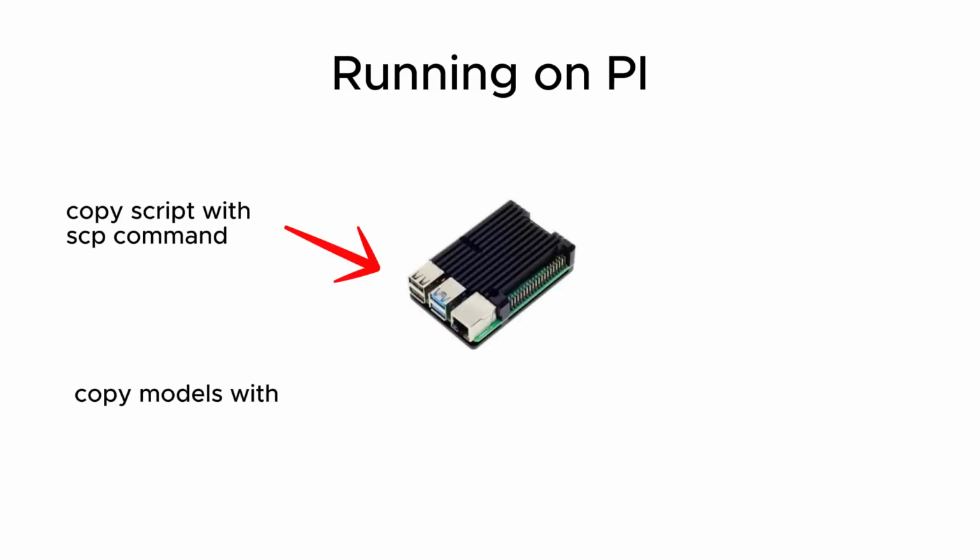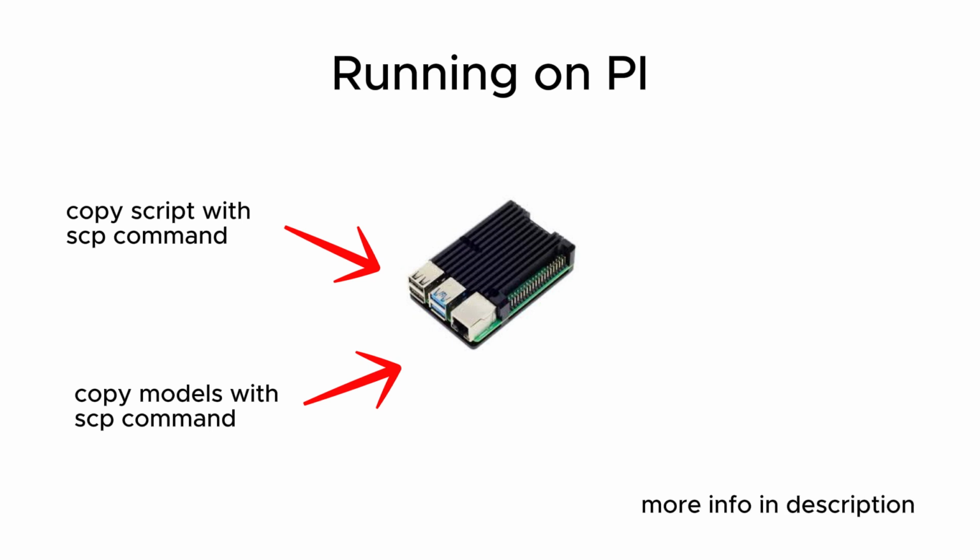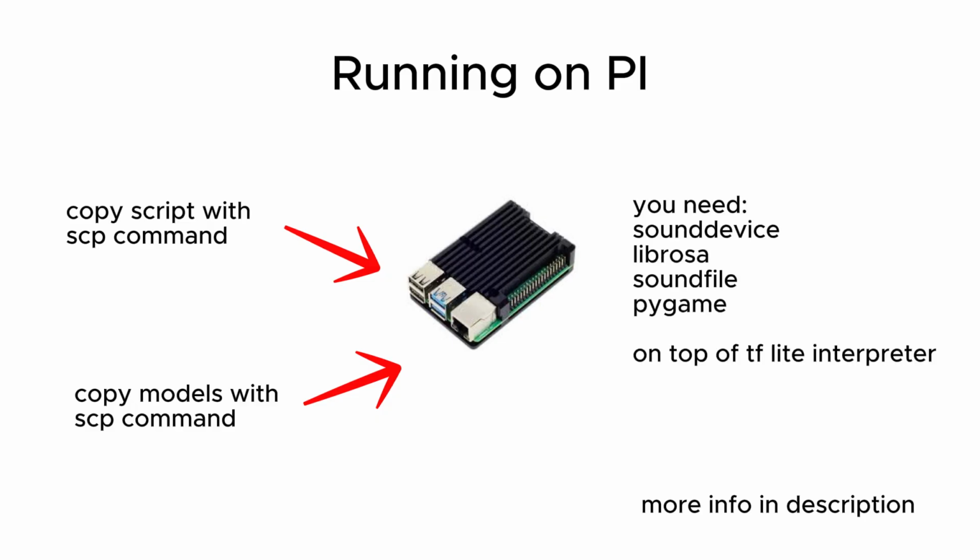I loaded both the LSTM and the CNN onto the Raspberry Pi, and the pipeline is similar to the previous projects. You need to copy the Python script and model to the Raspberry Pi and then install some libraries.